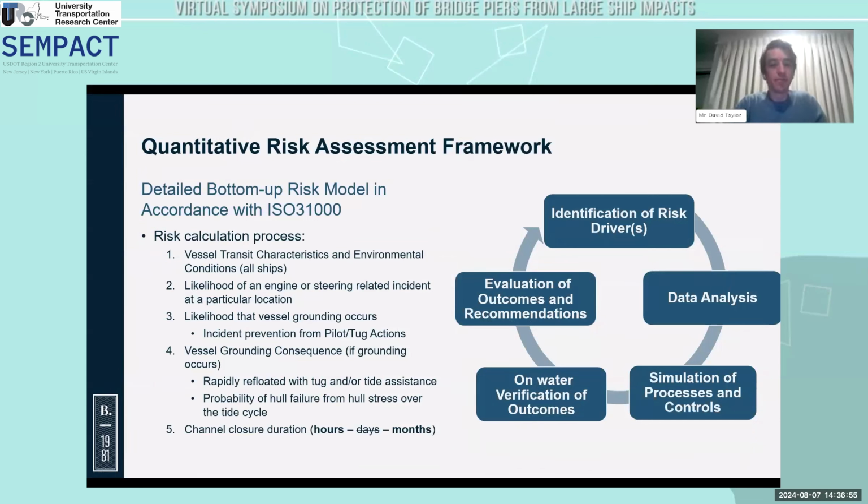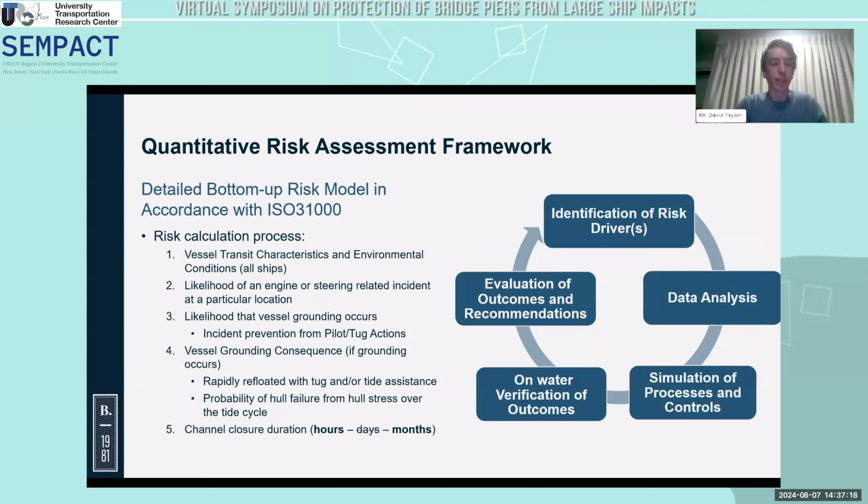So in terms of quantifying risk, what we've utilised is a quantitative risk assessment process. It can be described as a bottom-up risk model, and it's been developed in accordance with the ISO 31000 framework.